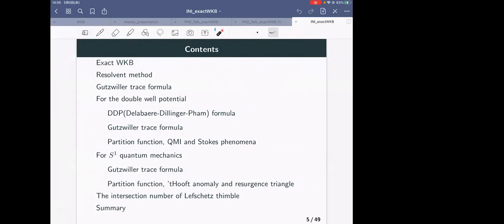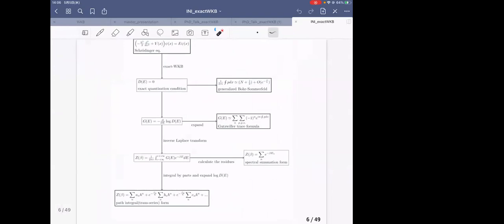And after that, I explain the case of the double-well potential and also higher genus systems like the triple-well potential, and also the case of S1 quantum mechanics like a particle on S1. And finally, I explain how to calculate the intersection number of the Lefschetz thimble from the Exact-WKB method. This is the flow of my talk.